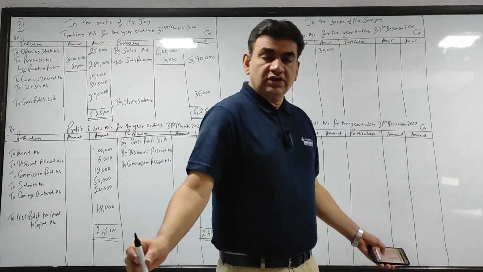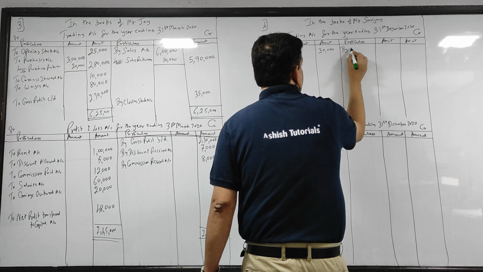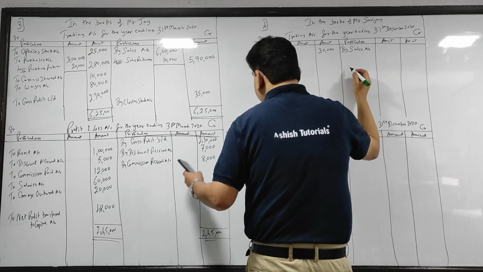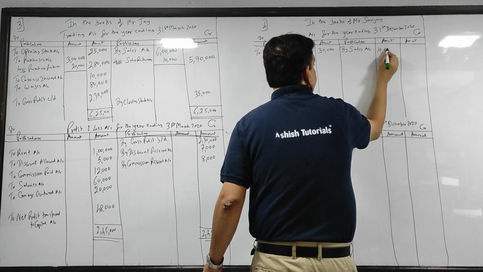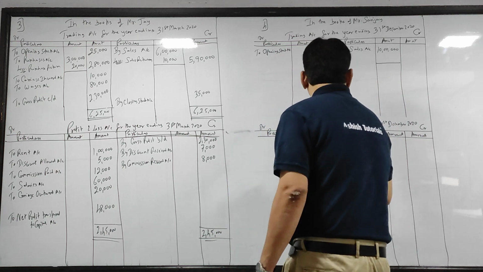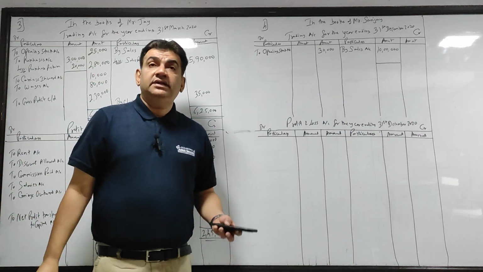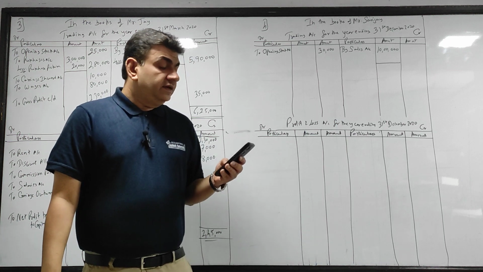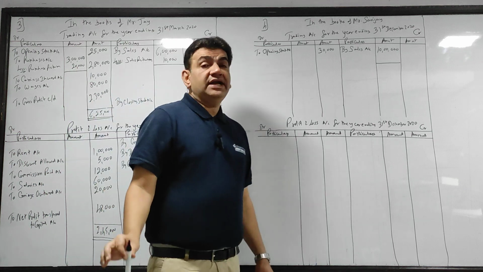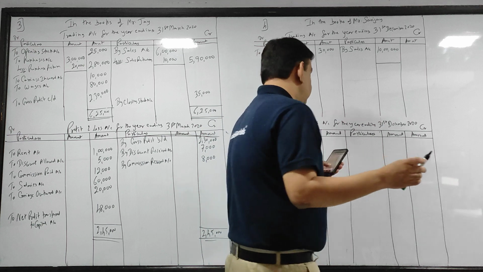Come to the credit side of trading account. We have put a mark. So put it in the inner column, 10 lakhs, and leave a line. Returns. What I told you, the figure outside has to be net sales. So sales return should be deducted from sales.